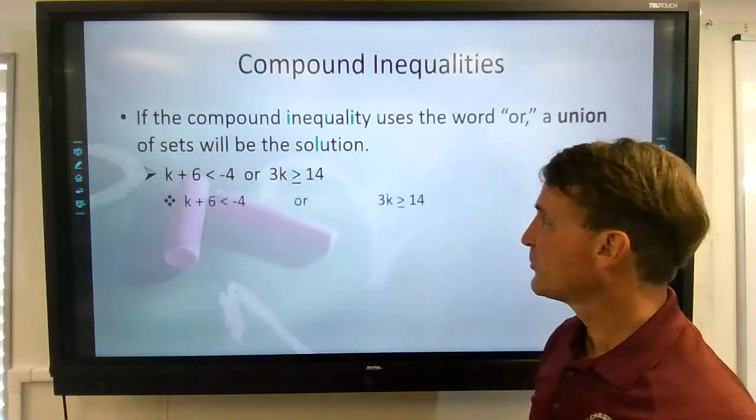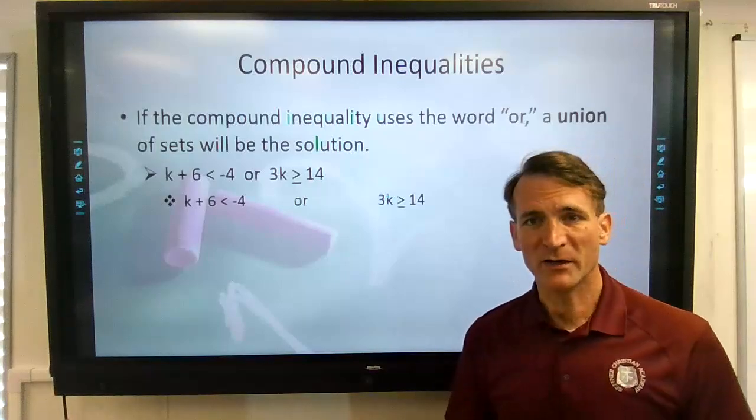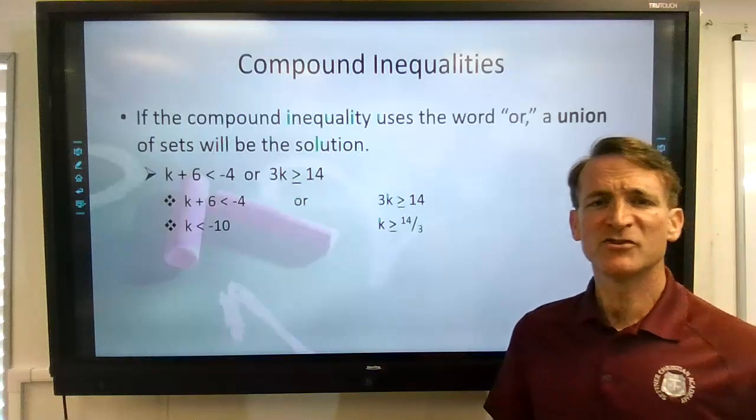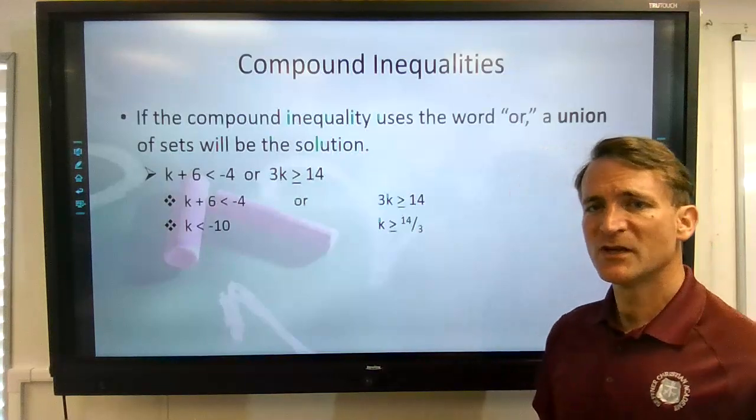I don't need to add or subtract anything for the second one. That gives me k is less than -10. And for the other one, if I divide both sides by 3, I get k is greater than or equal to 14/3, or as a mixed number, 4 2/3, that would be fine. But again, you can just leave them as improper fractions.